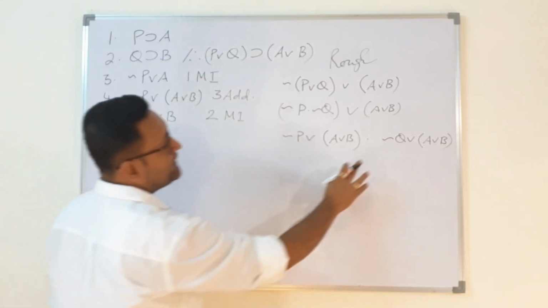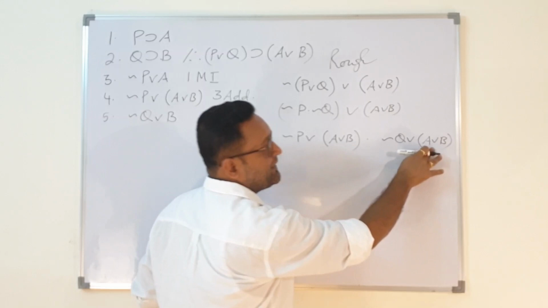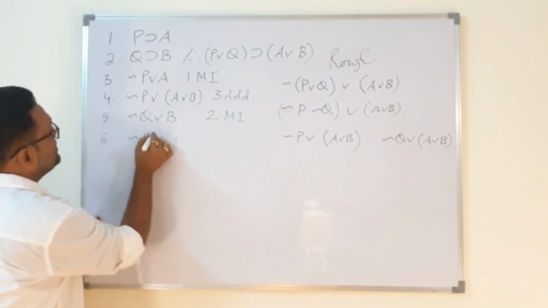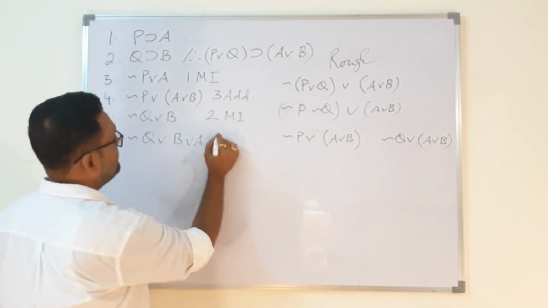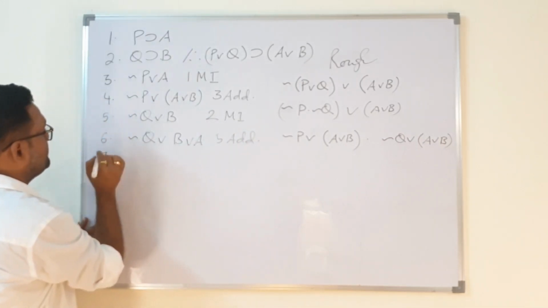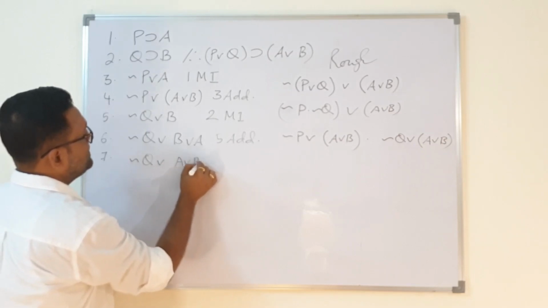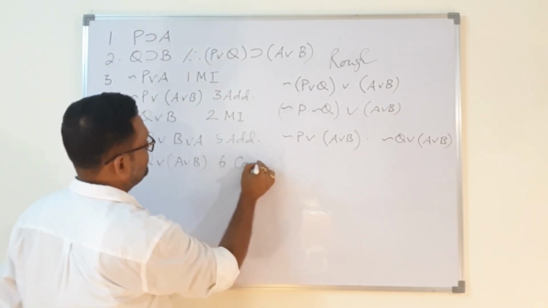And then what you have to add? You have negation Q, you have B, you need to add this A. Okay, so I will add this A. 6, negation of Q wedge B wedge A. This will be 5th addition. And after that, what I will do? Negation of Q wedge A wedge B after commutation. So it will be 6 commutation.